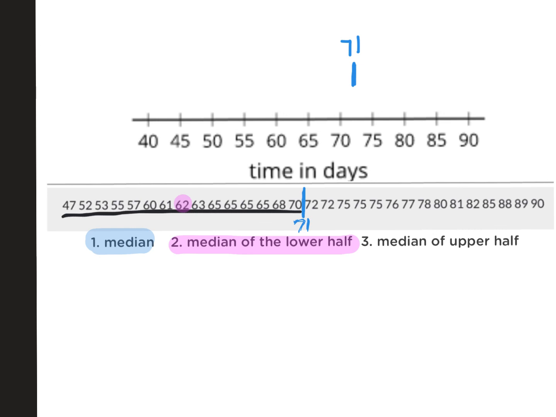And this 62 has a special name. The median of the lower half is called the lower quartile, and you'll see why in a second. For short, some people call it the Q1.